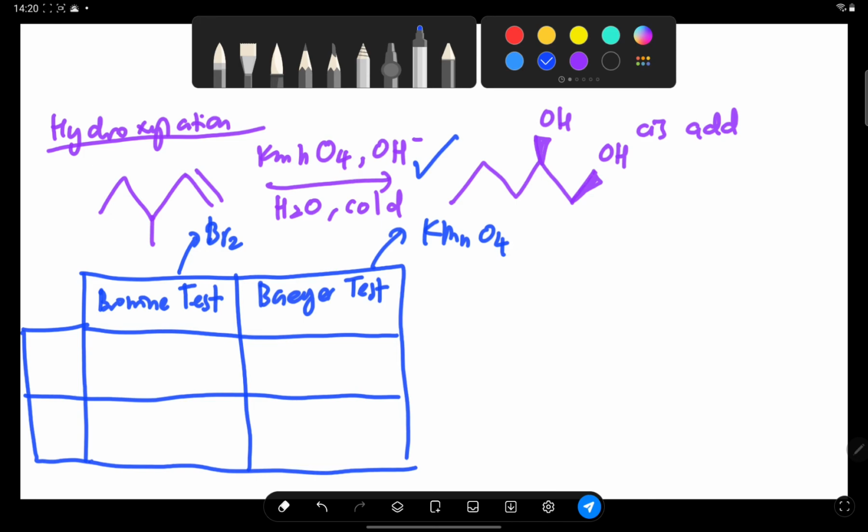So what happened here, for example, here you have alkane, here is alkene, here is single bond, here is double bond. So for the bromine test, what is your observation? Bromine color remains unchanged.